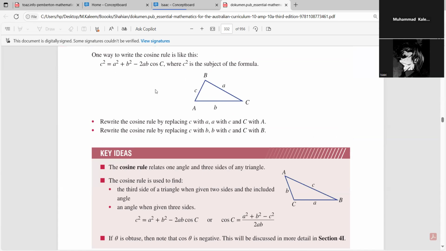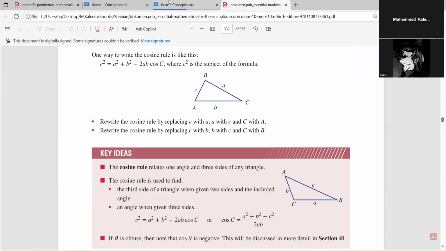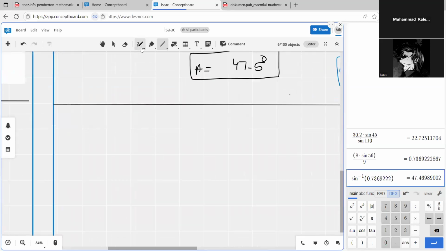If b squared is required, just change the formula. I will tell you just two formulas for this one. From the book, it's a bit difficult to explain, so I will write it by myself. Oh, you already know about the cosine rule? Not really. Okay, so we have different formulas. We just say a squared is equal to, I'm writing the cosine rule now.